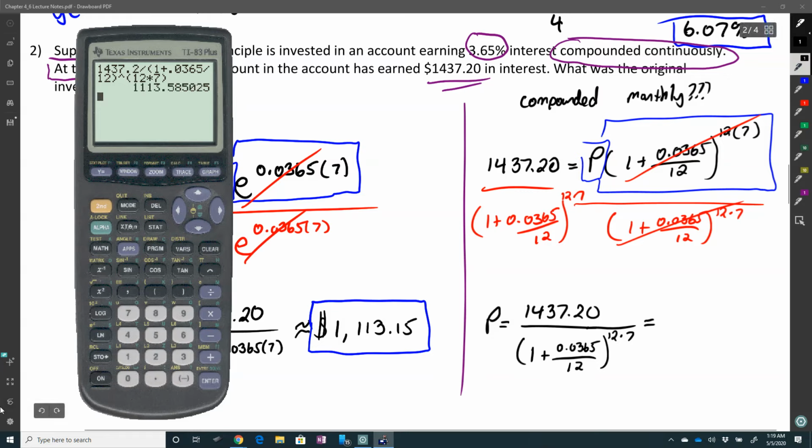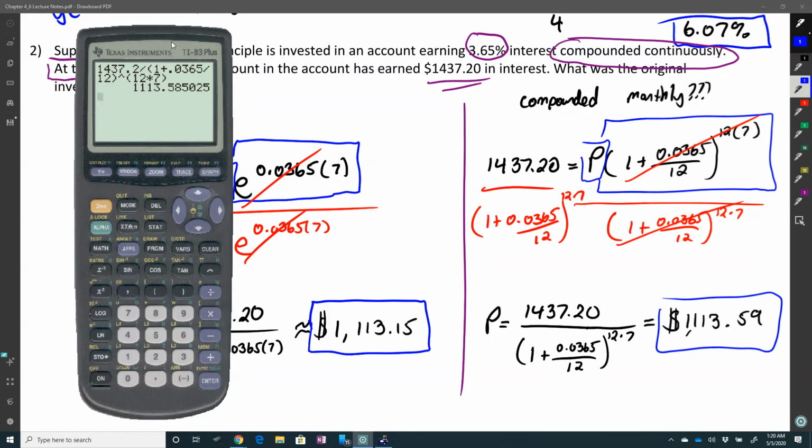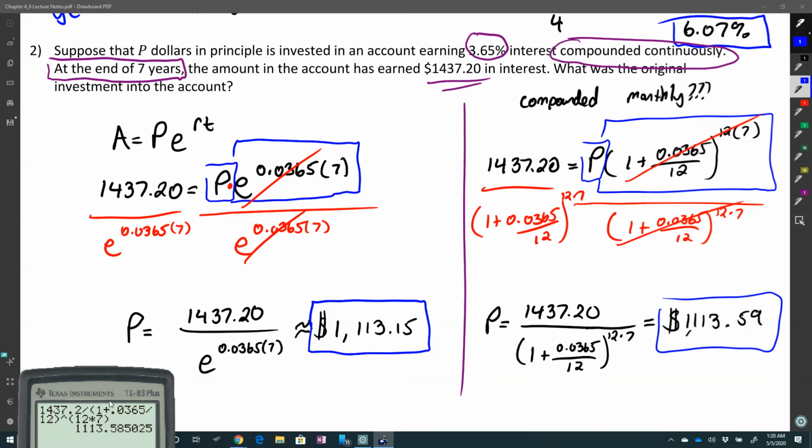And notice that we get pretty much 1,113, but this time it's 59 cents. Ooh. So how much more money did you have to put in if it's compounded not as often? Turns out you only had to put in like 50 cents more. That's it. All right. Anyway, I wanted to show you one with that equation.